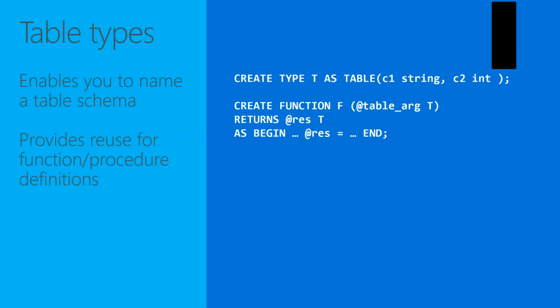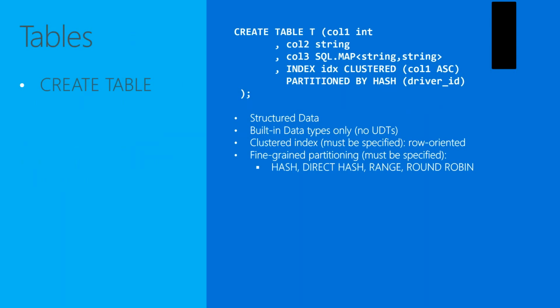I could also completely and explicitly give the table schema in the function signature, but in this case, I'm reusing that type. Today, you can only use table types in function and procedure signature definitions. In the future, we are looking to give you the ability to create tables of that type as well.